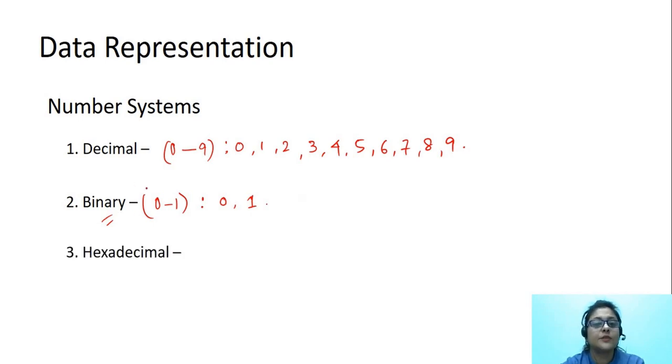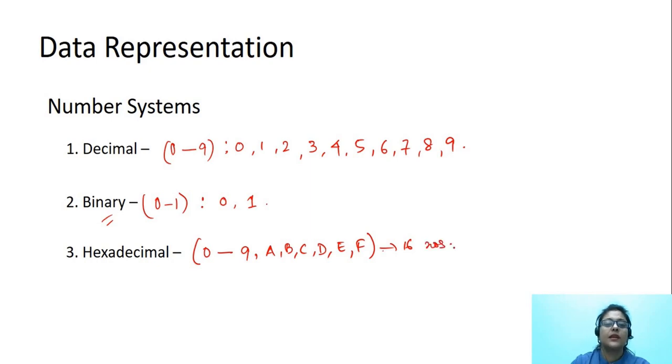Next, we have hexadecimal number system. Here we have numbers from 0 through 9 and A, B, C, D, E, F. So in total, there are 16 numbers in hexadecimal format. By using combination of any of these numbers, we can have a hexadecimal number.